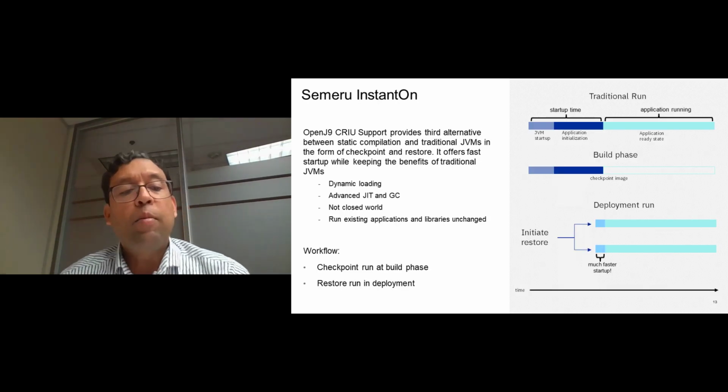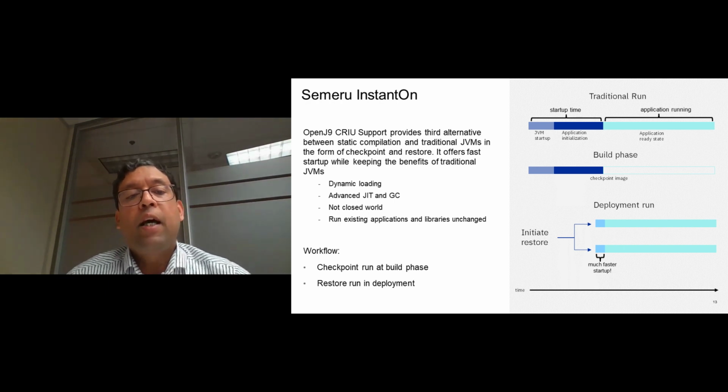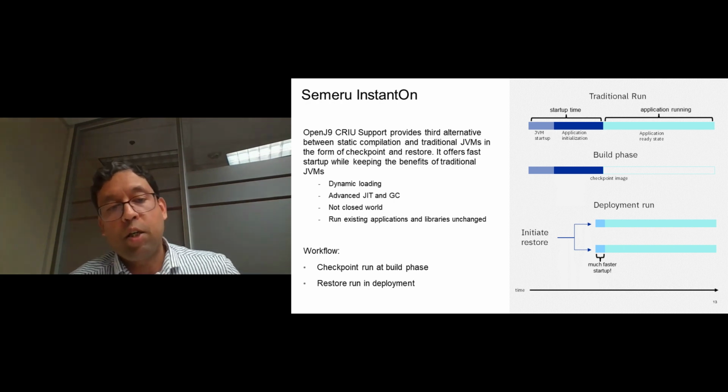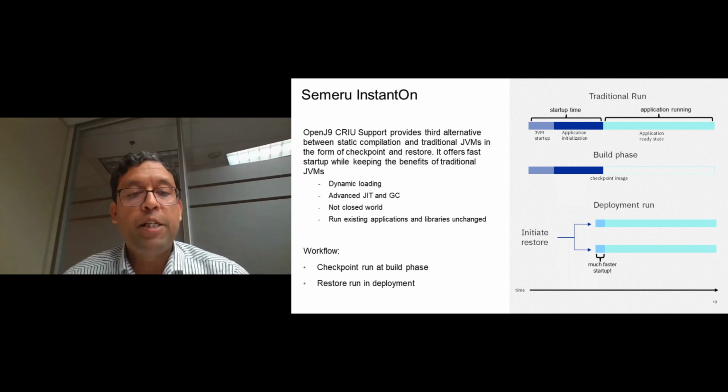So when we talk about Liberty InstantOn, at other times in the presentation, we may refer to Semeru InstantOn, and the two are stacked on top of each other. So Liberty InstantOn is a Liberty feature, and it leverages the InstantOn feature in the Semeru JDK that goes underneath, and then the Liberty framework is running on top of.